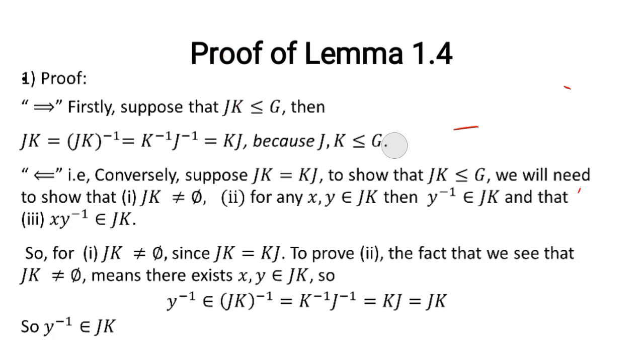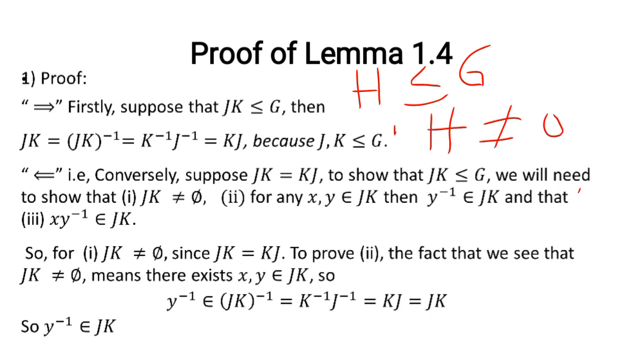Whenever you are told to show that something is a subgroup, in group theory, you are expected to know this. Suppose it's H, and I want to show that H is a subgroup of G. First thing first, confirm one, that H is not empty.